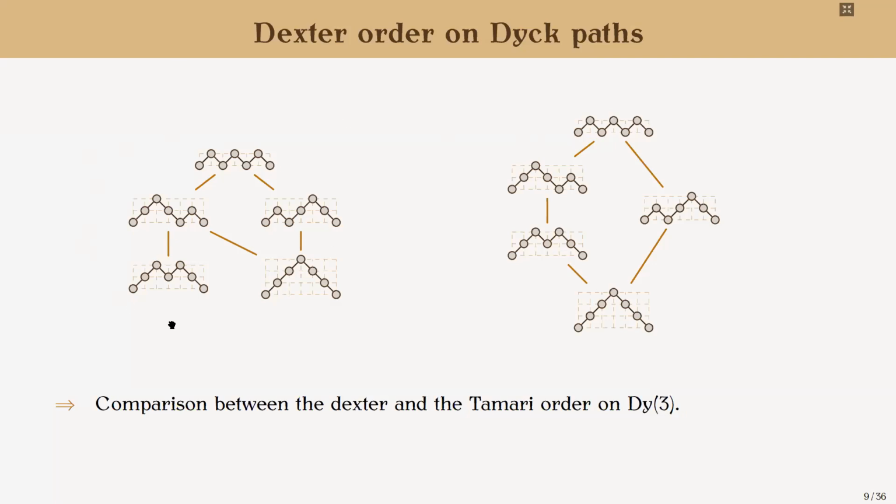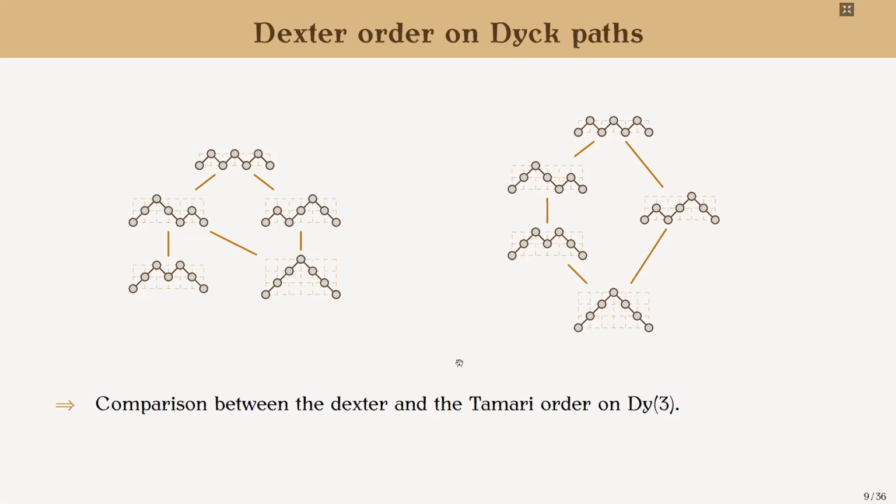So in the Dexter order, what we can notice is that we don't have a lattice because we have several maximal elements. We have this one and this one, which is not the case for the Tamari lattice, which is a lattice, because all elements have a meet and a join, or if you prefer, an infimum and a supremum.